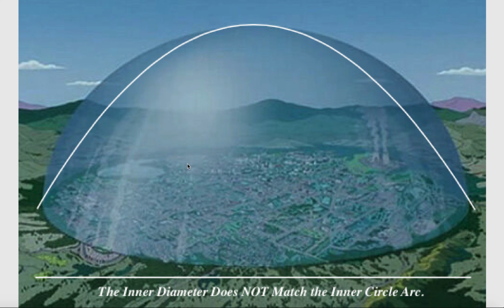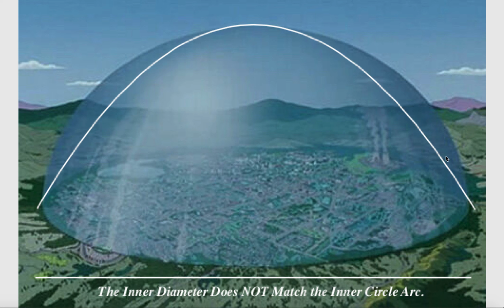So where we have, it was like this from The Simpsons I think it was. This is the globe, a dome over Springfield or whatever. So here you have the line here. This white line is the diameter of the inside of the dome here, and here you have an arc. Now I know it didn't match the dome, but it doesn't matter.